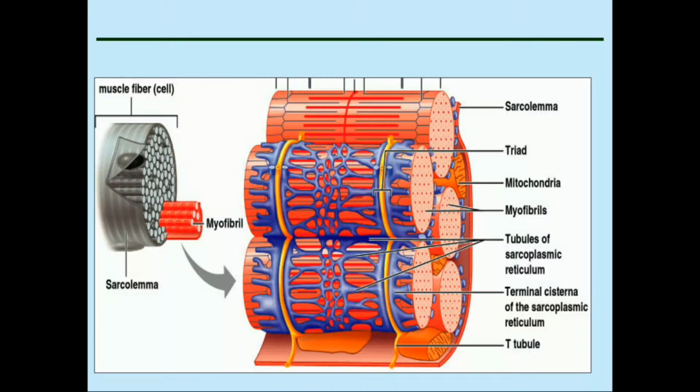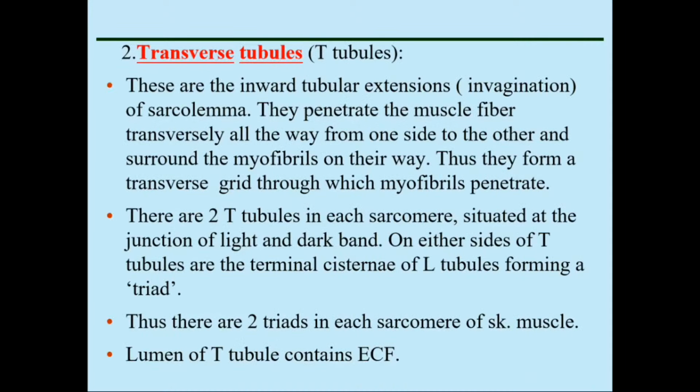So this is the basic concept of the triad. Right. So transverse tubules are tubular extensions or invaginations of sarcolemma penetrating the muscle fiber transversely all the way from one side to the other, and as they pass they surround the myofibrils on their way. Thus they form a sort of grid or network arranged transversely, through which the myofibrils penetrate.